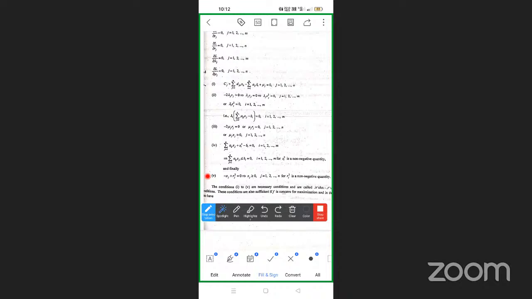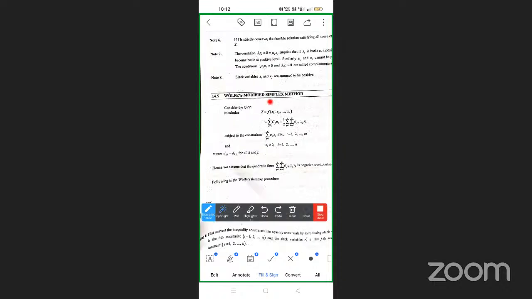Next, this is the Wolfe modified simplex method. Maximum of z is equal to f of x1, x2 up to xn, that implies summation j equals 1 to n of cj xj plus 1 by 2 summation j equals 1 to n, summation k equals 1 to n of djk xj xk.